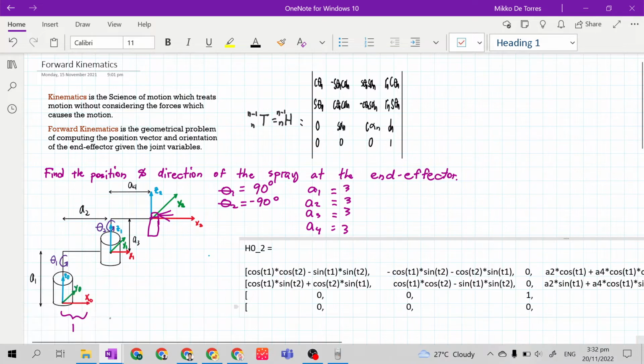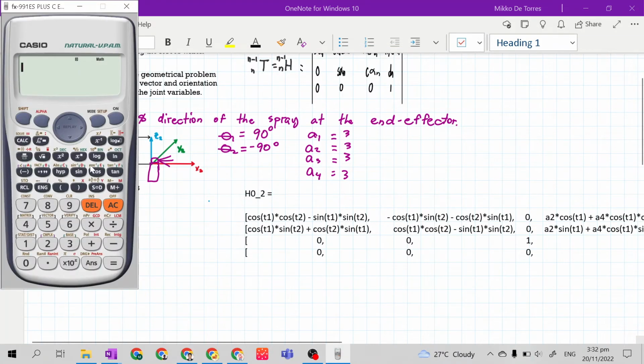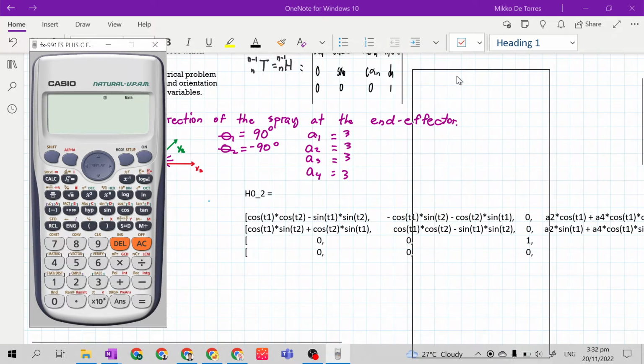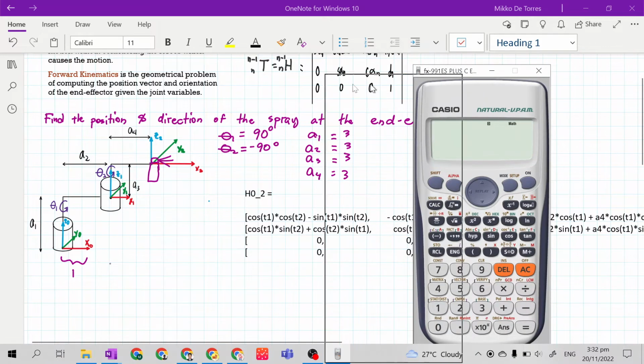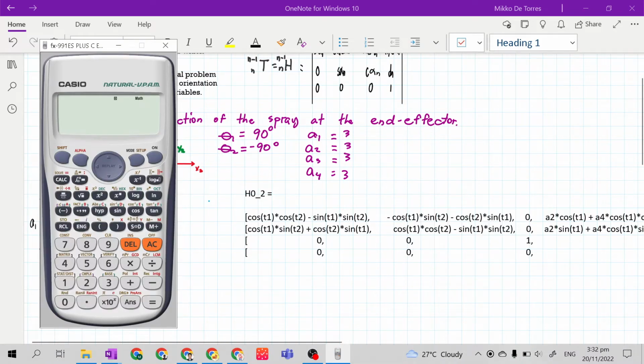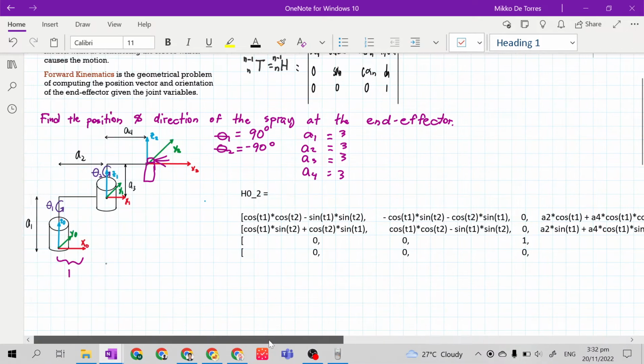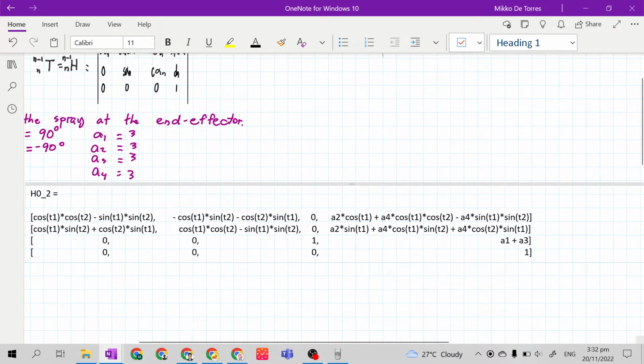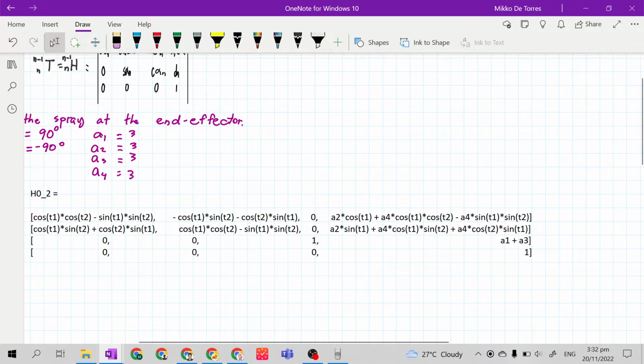First, to get the position of the spray, we will substitute the values of the joint variables and link lengths to the column of our position vector.